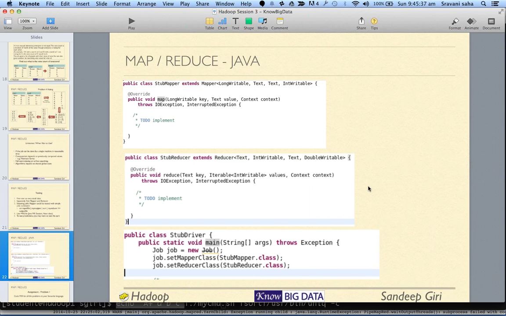It's as simple as that. You define a class which has the function of mapping, and a class which has the function of reducing, and you stitch them together via a job, and then you run it.